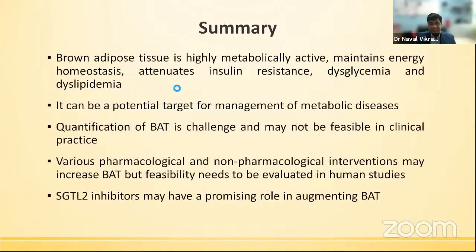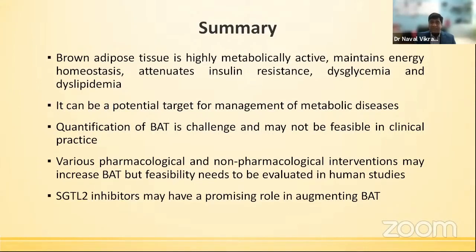So, summarizing, brown adipose tissue is a highly metabolically active tissue, maintains energy homeostasis, and has several beneficial metabolic effects. Now, it can be a potential target for management of metabolic diseases.